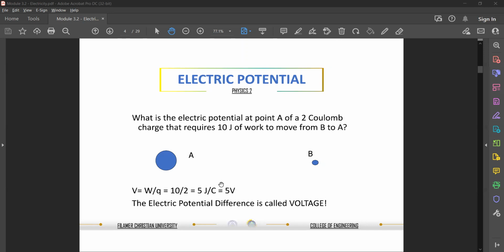So the electric potential here is 5 joules per coulomb, or 5 volts. The electric potential difference is what we call voltage.